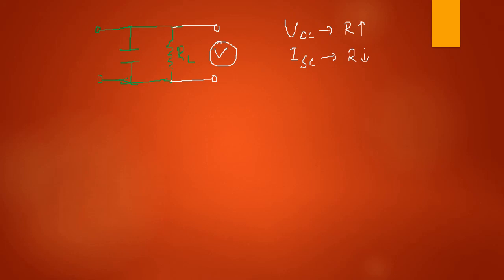and current, so how do you measure voltage and current? Voltage you can just measure using a DSO, digital storage oscilloscope.